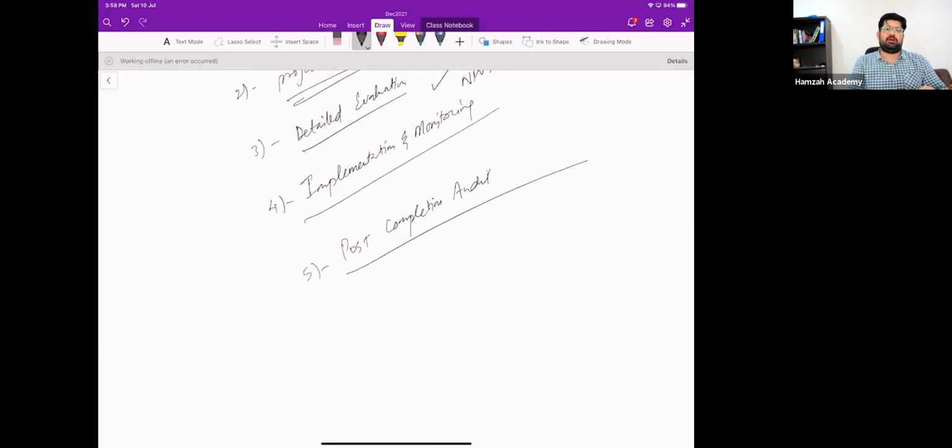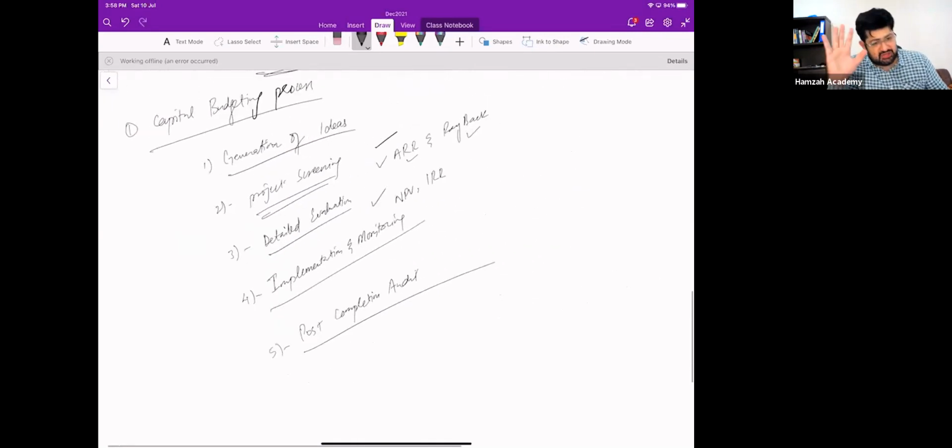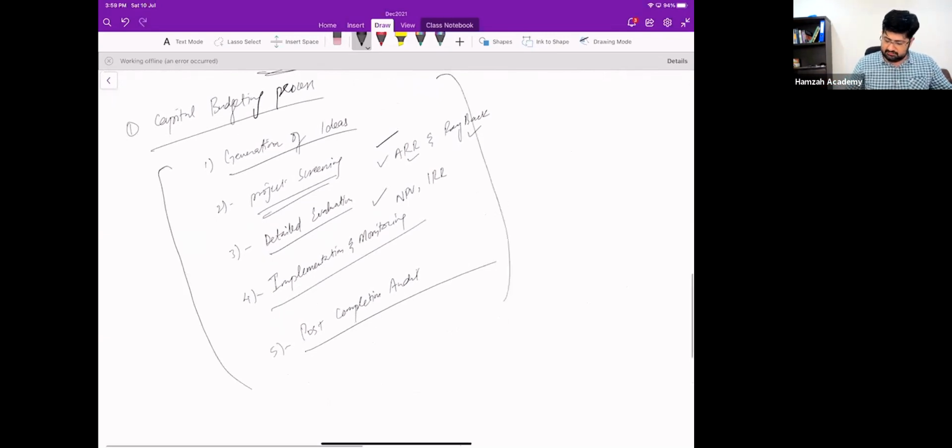Mistakes are also documented to avoid them in future. So this is the 5-step capital budgeting process. Is it clear? Tell me, any confusion?